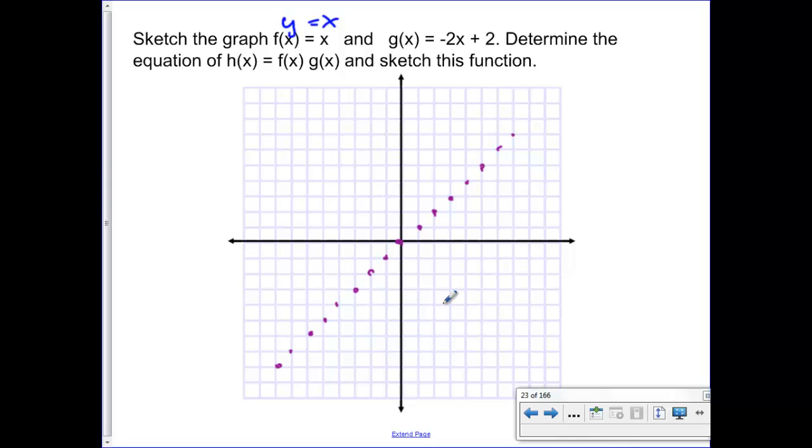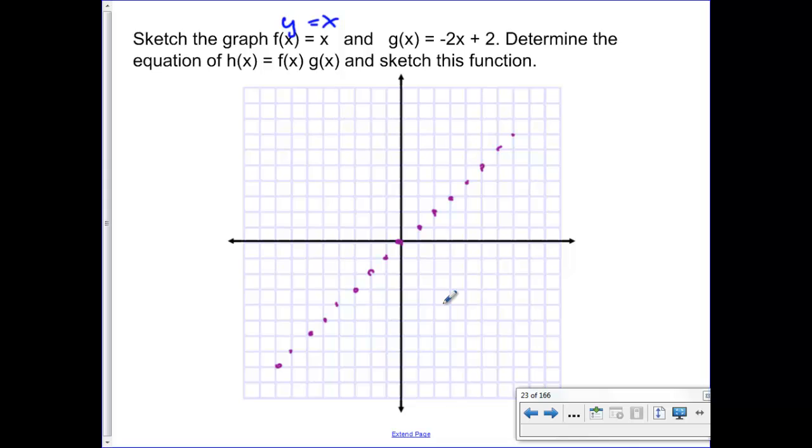Can you guys handle negative 2x plus 2? Okay, and then take all of the points, times them by each other, and it should make you a quadratic. Hopefully, if you do it right. So I'll give you guys a chance to try that. 2 is the y-intercept.